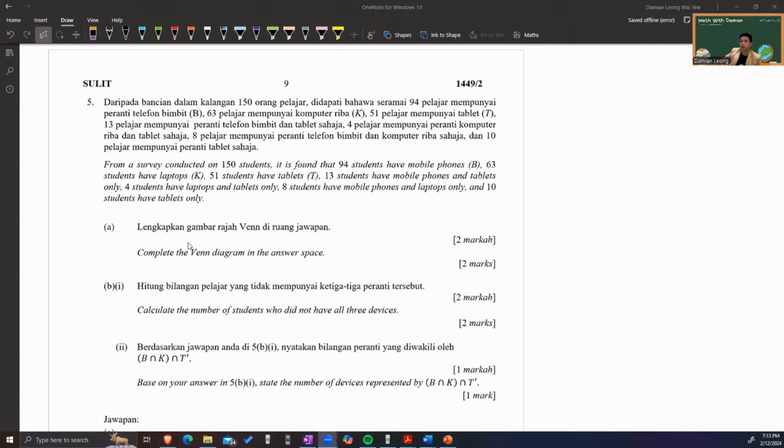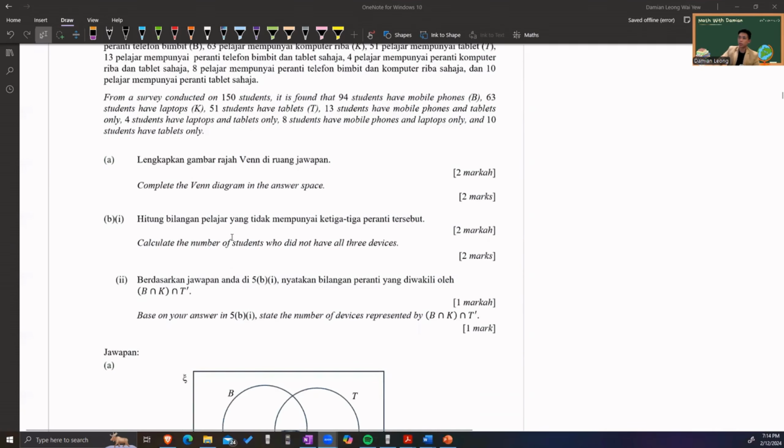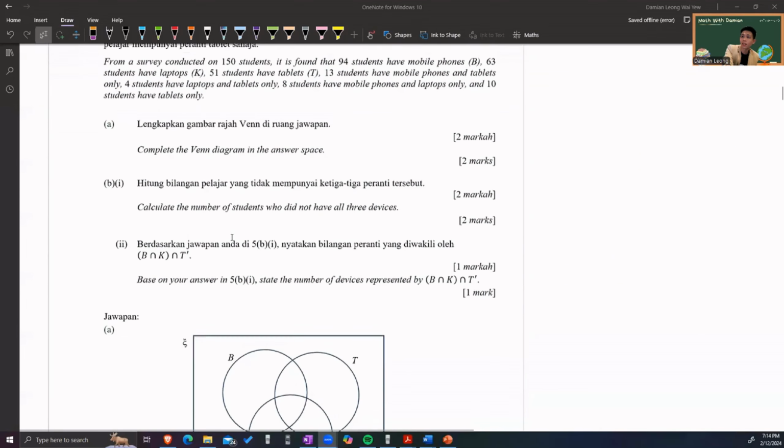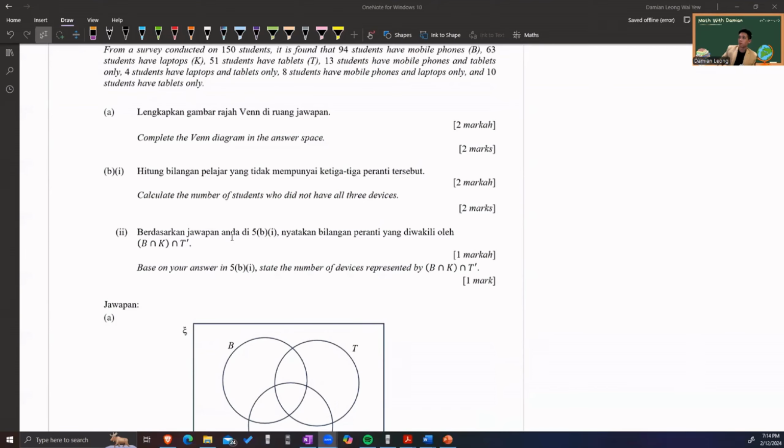From a survey conducted on 150 students, it is found that 94 students have mobile phones B, 63 students have laptop K, 51 students have tablet T, 13 students have mobile phone and tablets only, 4 students have laptop and tablets only, 8 students have mobile phones and laptop only, and 10 students have tablets only. So we fill in the only parts first.